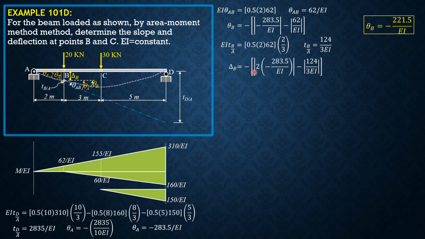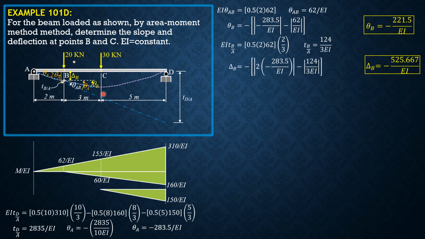So this is negative of 2 times theta A on the figure minus the absolute value of deviation of B relative to the tangent at A. So you just look at the figure. So delta B is negative 525.667, just like in problem 100D.